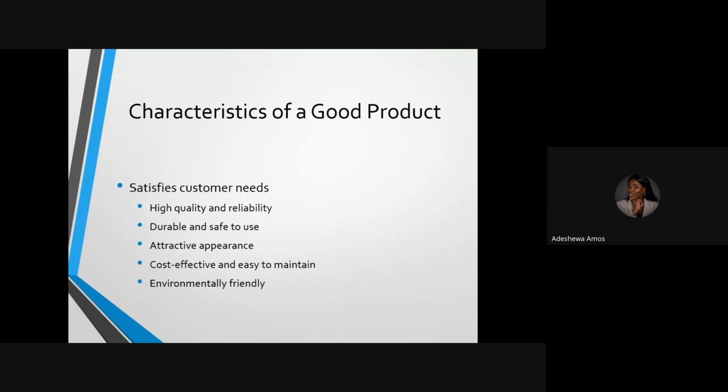So it is very attractive, meaning if you are producing a product and the packaging is not nice, because how will people know that a product is attractive? They know that through the packaging. So if the packaging is not nice, then at the end of the day, it means that it is failing in terms of appearance, okay.